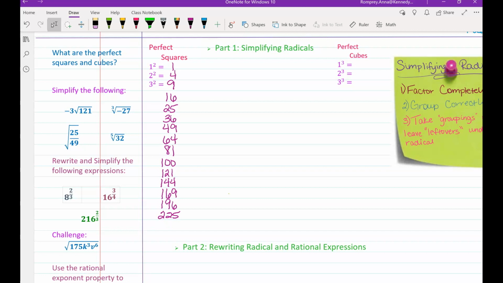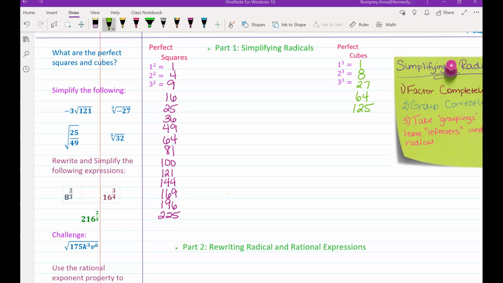So now let's go over our perfect cubes. So 1 cubed is 1, 2 times 2 is 4 times 2 is 8, 3 times 3 times 3, 27. What's next? 4 cubed is 64, 5 cubed is 125.